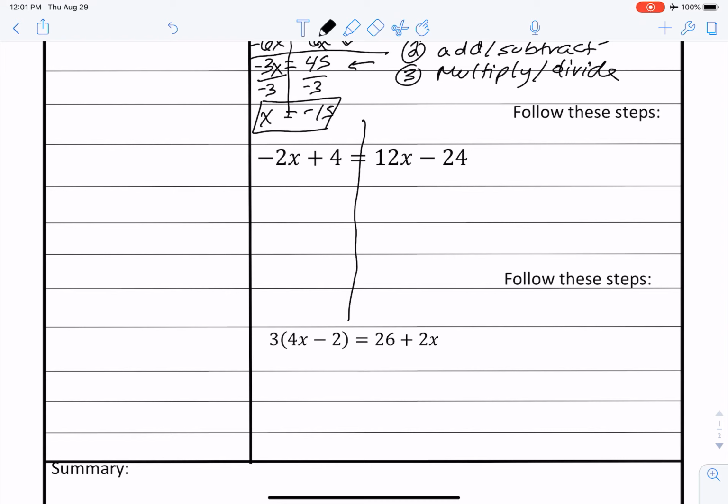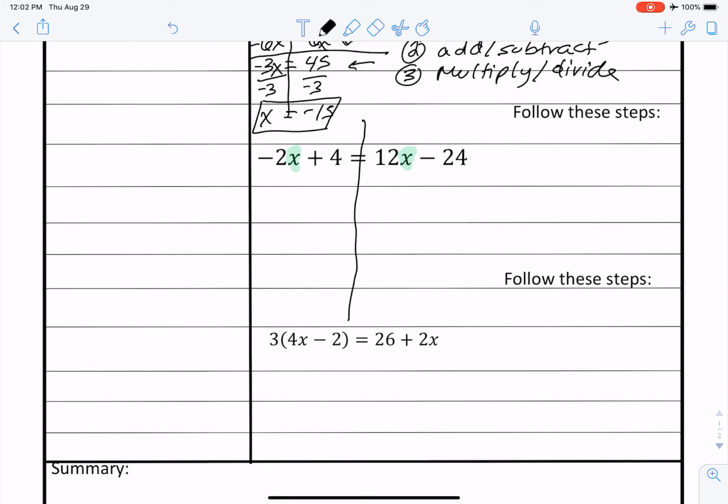I have negative 2x plus 4 equals 12x minus 24. Again, my x's are on opposite sides, and I need them to be together. For this one, there isn't a convenient or easier or faster way to do it because I have two x's, one on each side, and there's also a constant, the plus 4 and the minus 24, on each side.